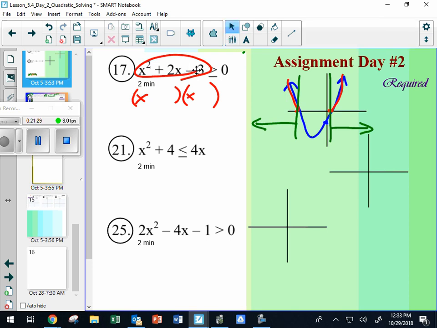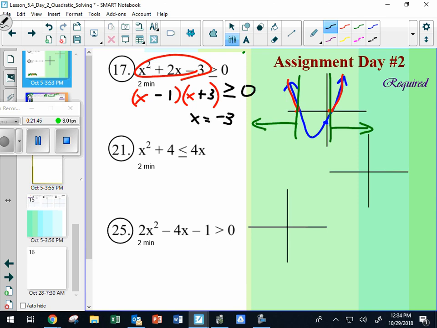This is simple enough. I hope you were able to figure it out. We have a plus 3 and a minus 1. Do you agree? Okay, then that's got to stay greater than or equal to 0. So what do these answers mean? Negative 3 and 1. Here's negative 3. Here's 1.